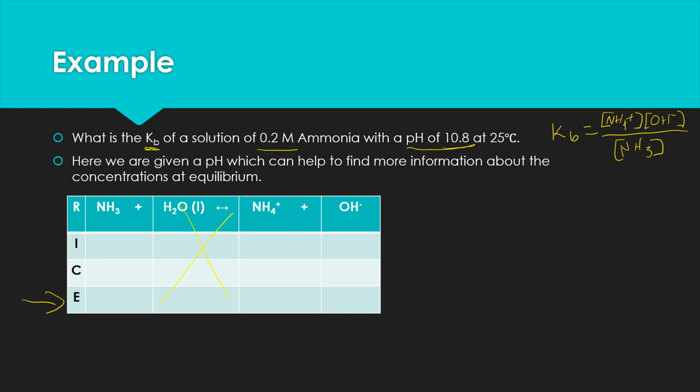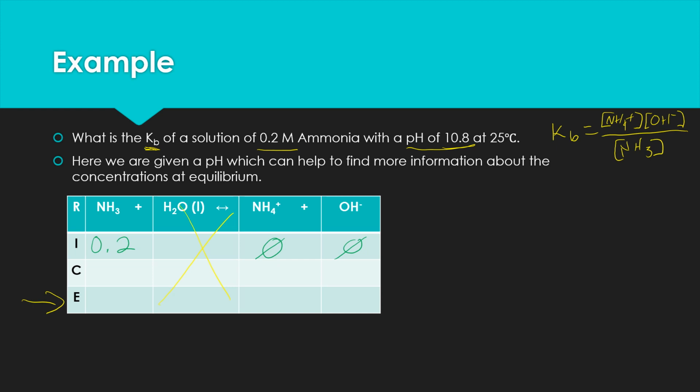It says it's a 0.2 molar solution of ammonia. So we know we have a 0.2 molar solution to start with, and we can assume these are 0 to start. The other thing that's given to us is our pH. Now, pH can help us find our concentration of hydrogen, which is not in this equation.